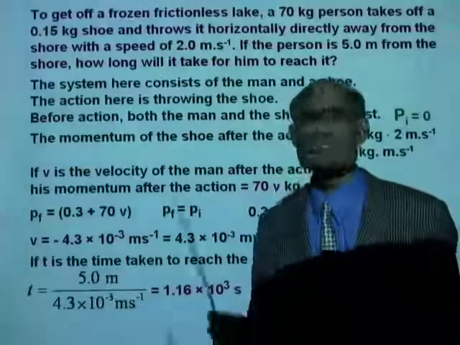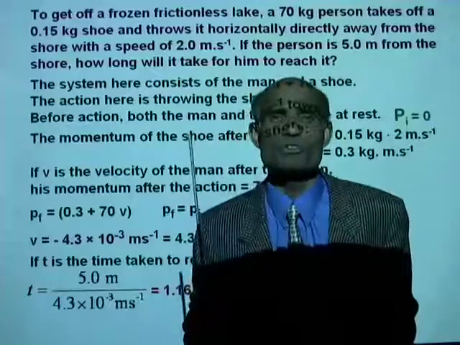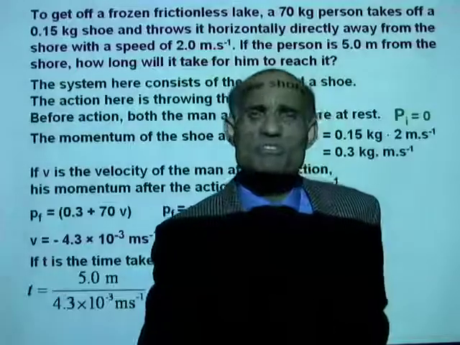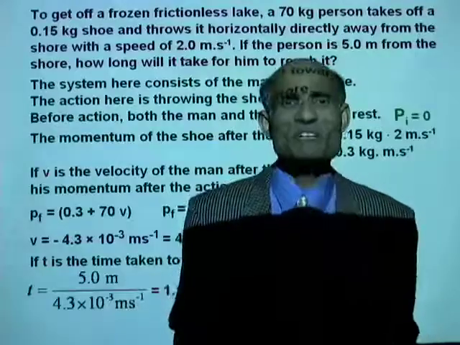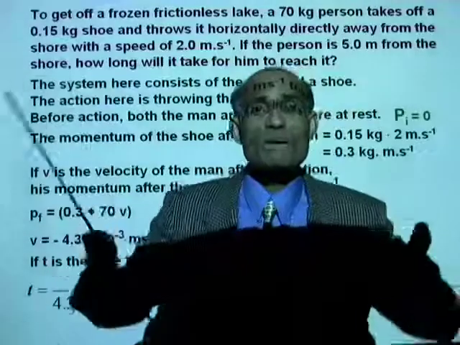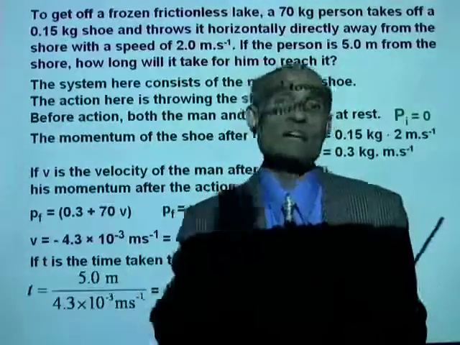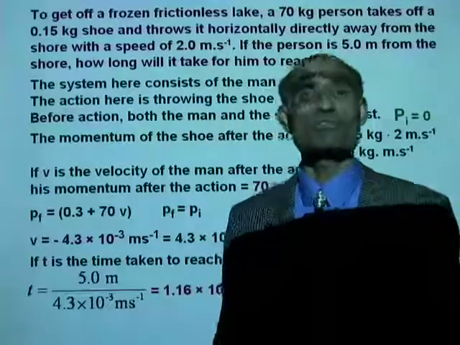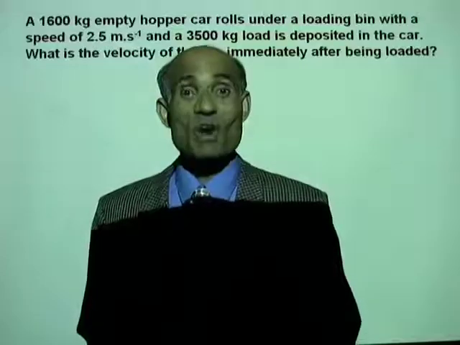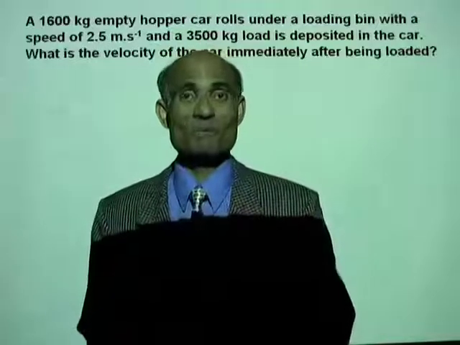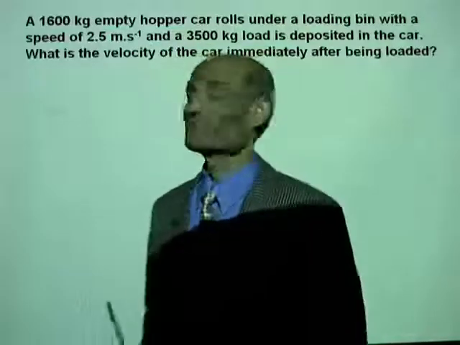An awful lot of time, he is going to get frozen to death. I wish he could throw that shoe a little faster. Or maybe next time you go to such places, buy great big heavy shoes so that you can throw at a tremendously big speed. We will solve one more problem before we close this lesson.